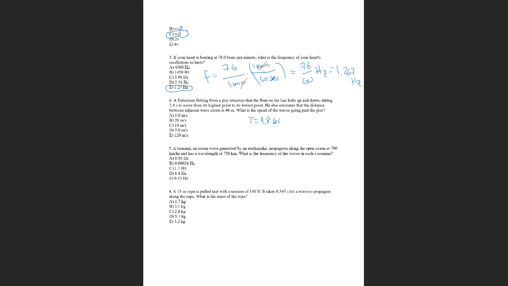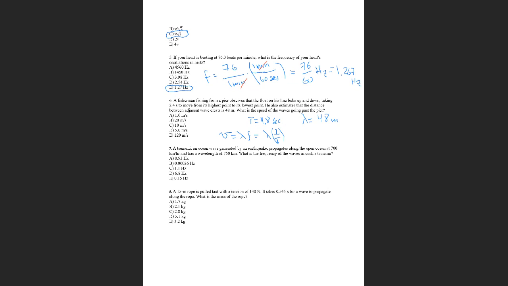Okay, going on. He also estimates that the distance between adjacent wave crests is 48 meters. So now we know the wavelength. The wavelength, lambda, is 48 meters. What is the speed of the waves? Well, v equals lambda times frequency. In terms of the period, it's equal to lambda times 1 over period.